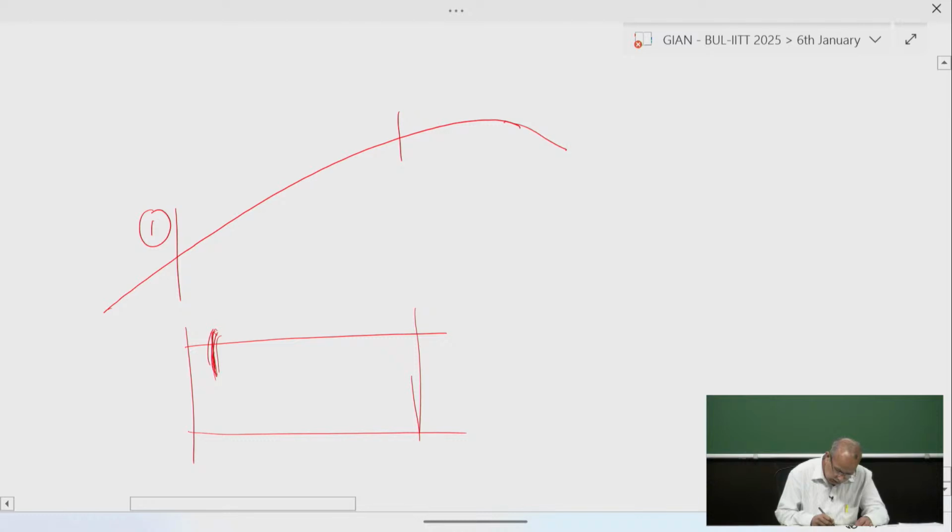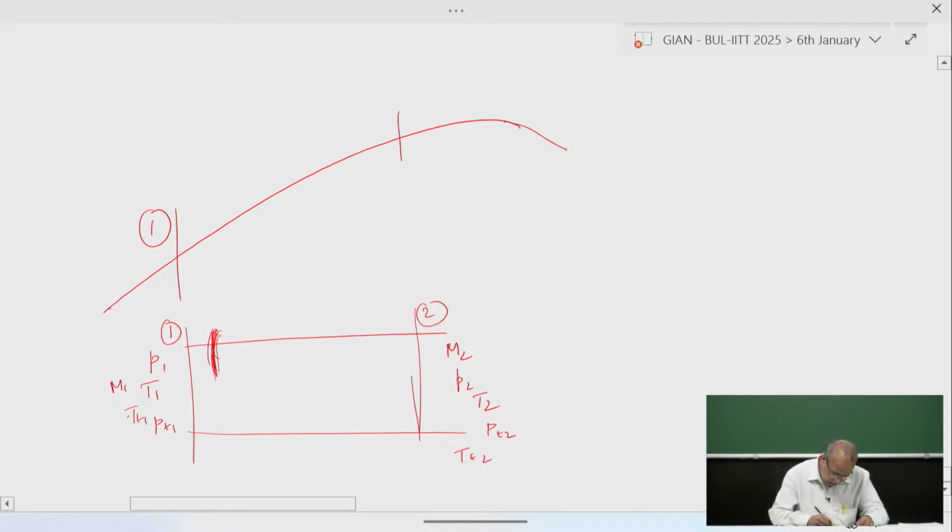So here enters at 1. So here it is P1, T1, TT1, PT1, let's say. So you have M1. Here it is M2. And then here it is P2, T2, PT2, TT2, and so on.